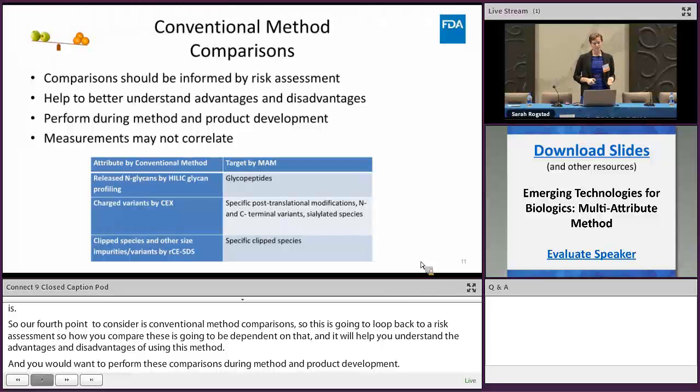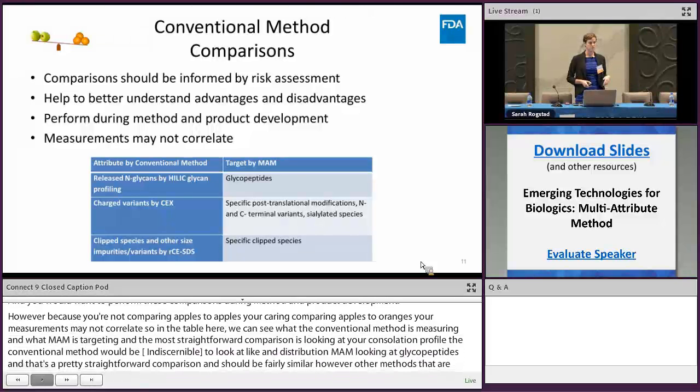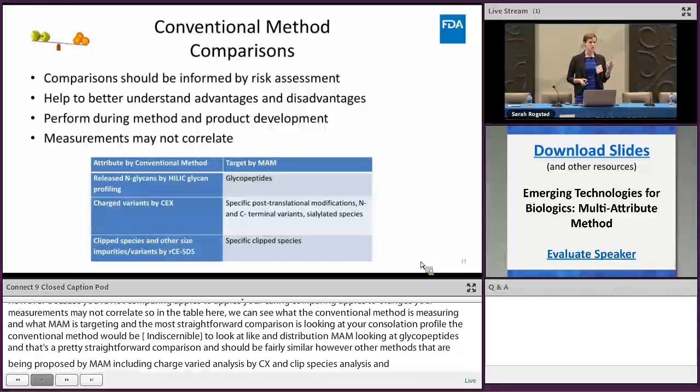However, other methods that are being proposed to be replaced by MAM, including charge variant analysis by CEX and clipped species analysis and other size and purity and variant analysis using RCE SDS, it's a little different what you're looking at. So for CEX, you're looking at charge variants, but with MAM, you're looking at specific post-translational modifications, specific N and C terminal variants, and sialylated species.